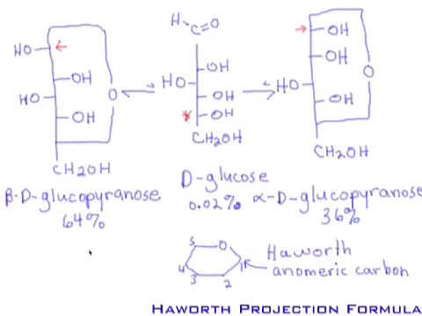So if I were to draw a ring structure for beta-D-glucopyranose, I can translate the Fischer very easily into the proper Haworth. Left on the Fischer is above. Right is below. Left is above. Right is below.